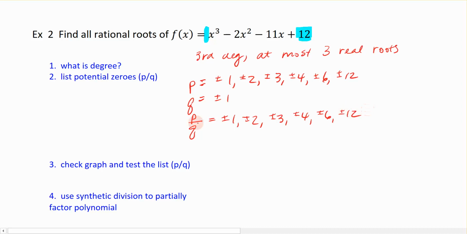Now, what do I do with that list of potential zeros? The rational root theorem says that if this is the list of the potential zeros, then I have a zero lurking somewhere among this list.